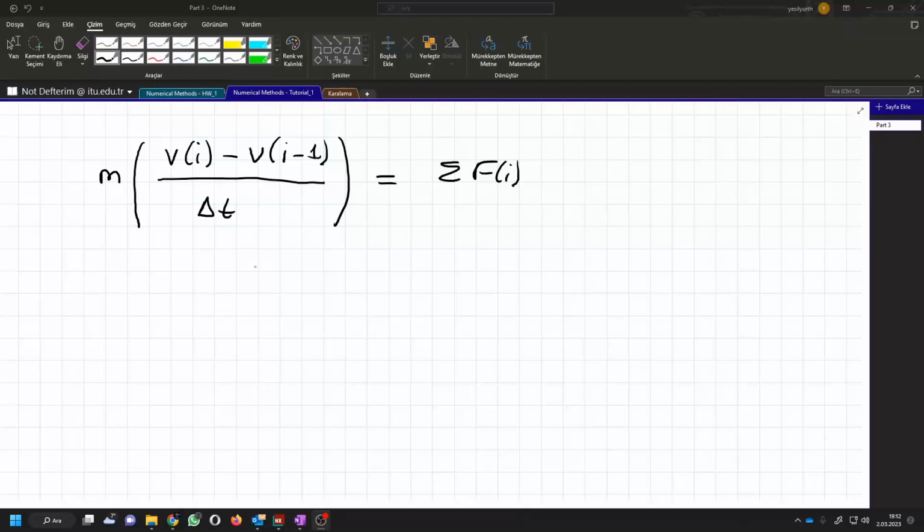I do not know Vi right now, my current state variable. I also do not know Fi, which is the current value of external forces acting on my body, because Fi is a function of Vi. We know that.